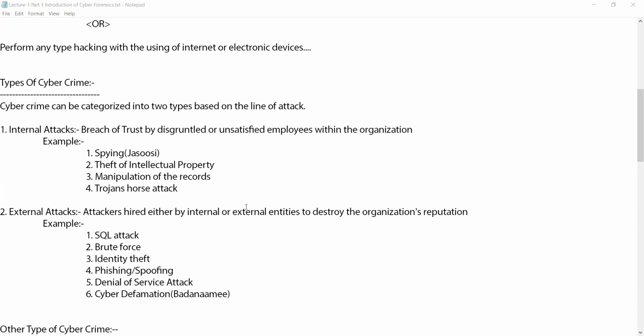The next one is called the denial of service attack. As I already told you, this type of attack is related to web attacks, to destroy the whole server of that particular organization. So the organization faces a lot of issues maintaining the complete service.